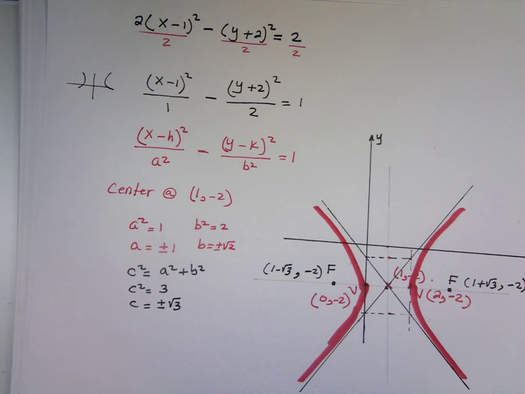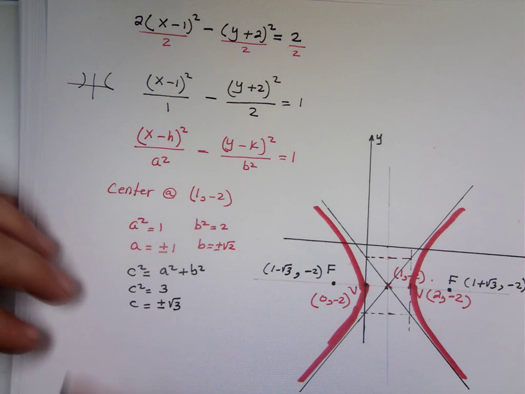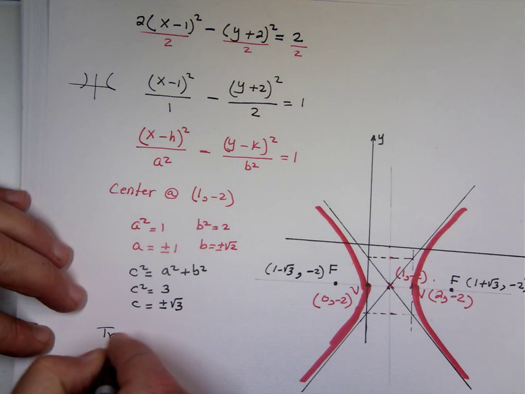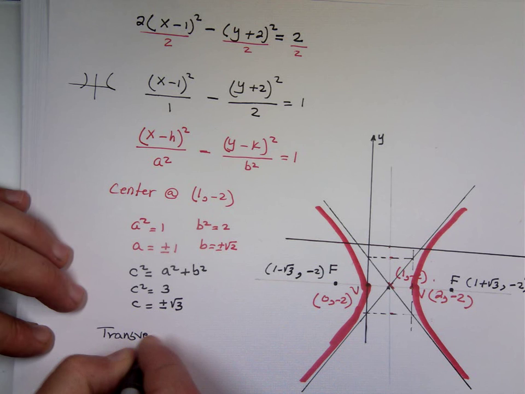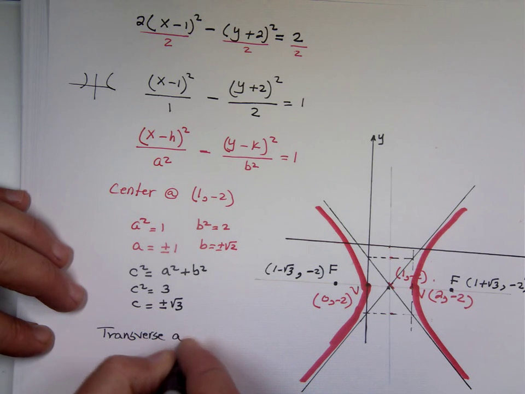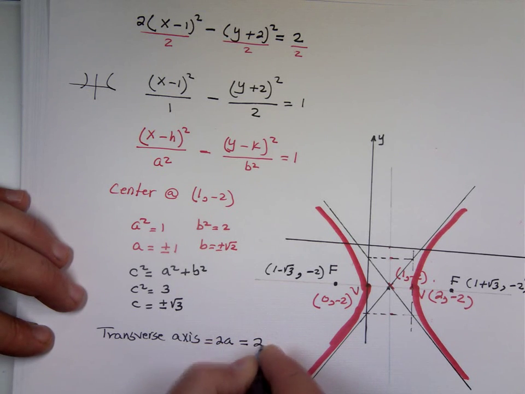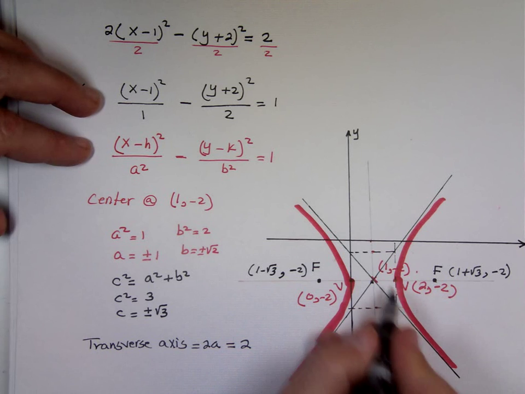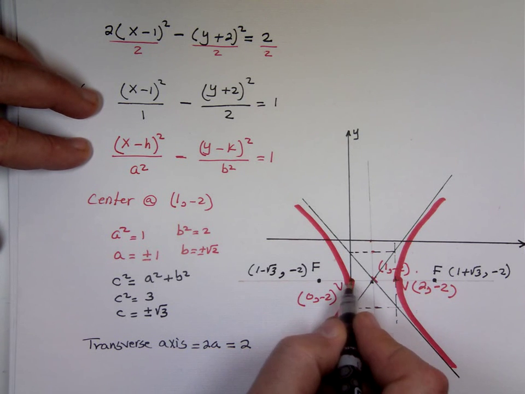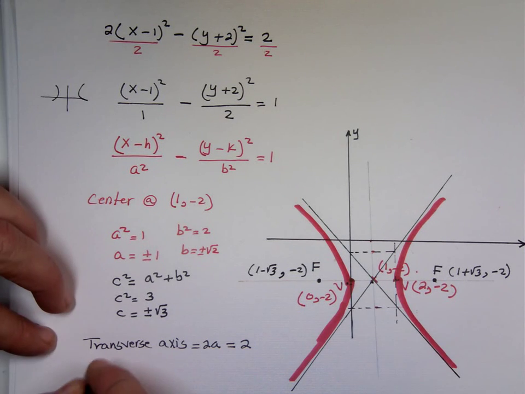What is my transverse axis? That's twice A, remember that? A is what here? 1, twice that is 2. That's the distance from here to there, it's 2 units. What is my conjugate axis?